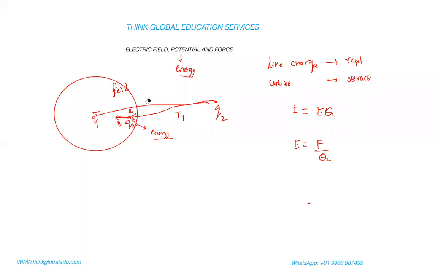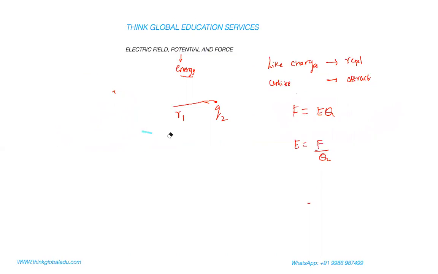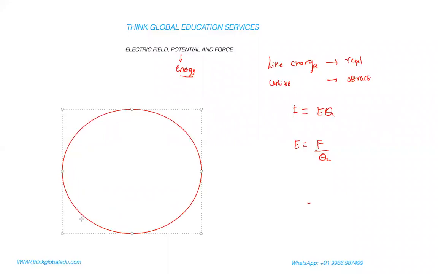We can represent it in a different way. We can represent the potentials as concentric circles around the charge. For instance, let's say this is the electric field due to a charge Q which is at the center.